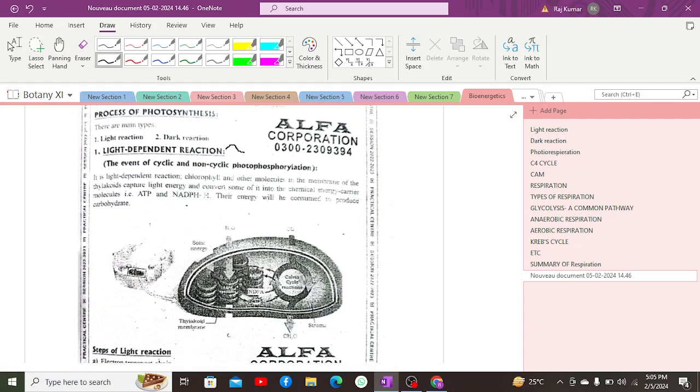This process was also discovered by a person.